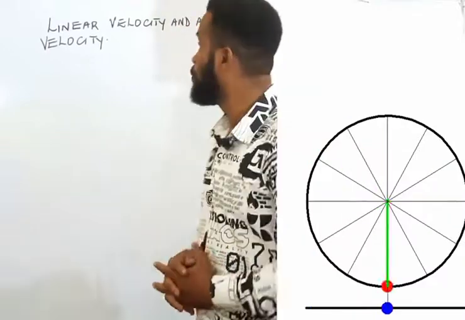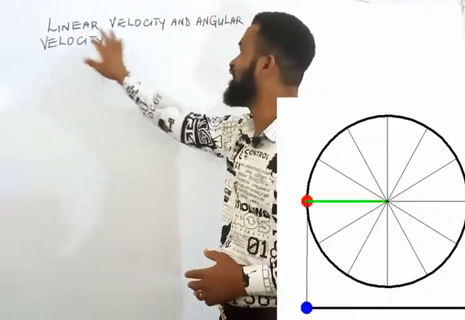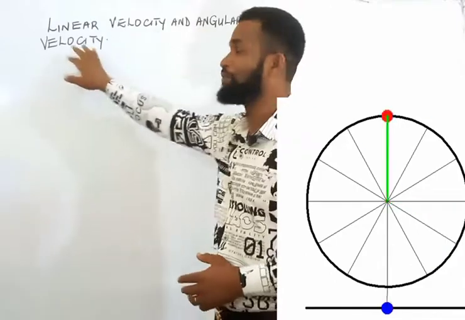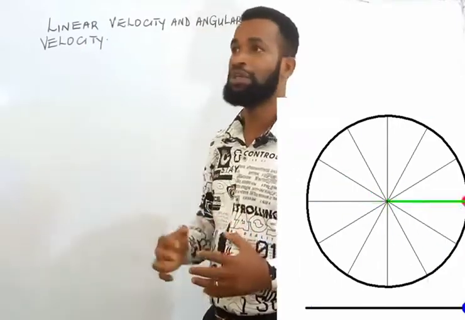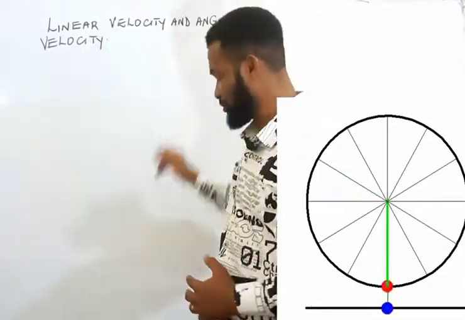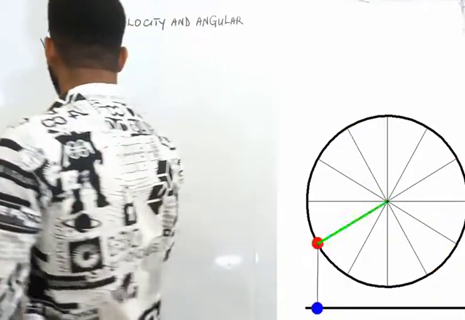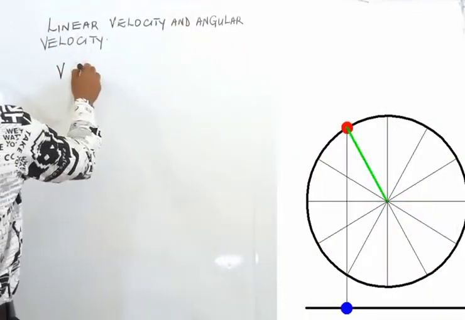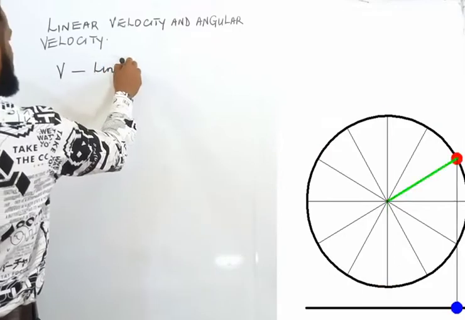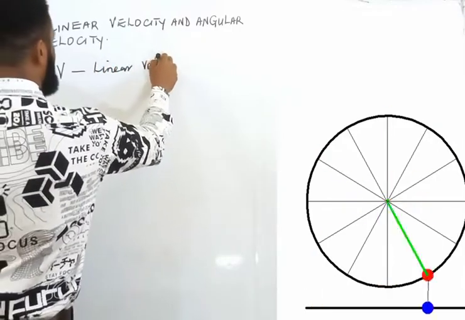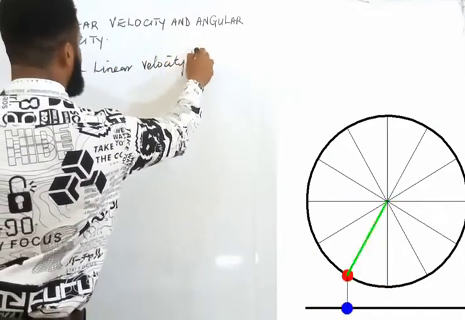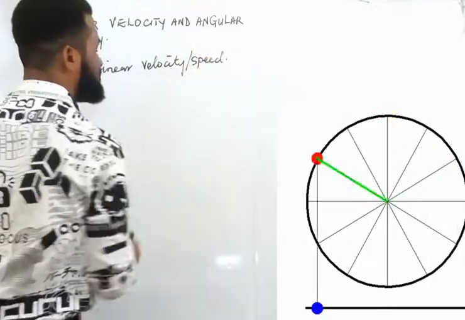And today, what we are going to look at is linear velocity and angular velocity, the relationship between these two concepts. Linear velocity is given as v. This one is linear velocity, or should I say speed, linear velocity or speed.